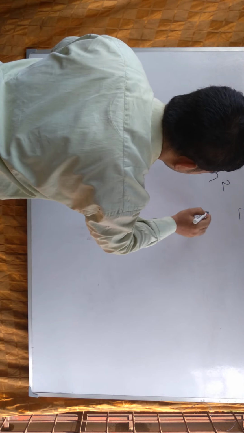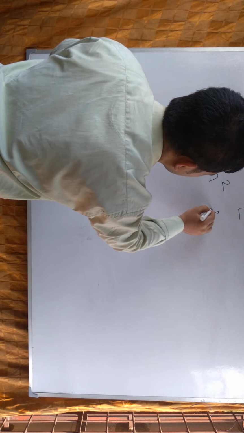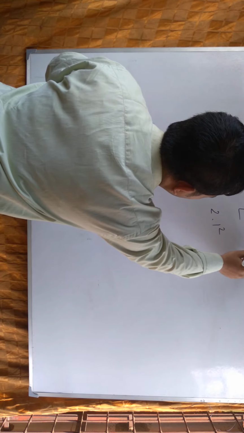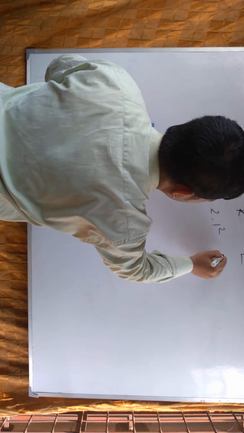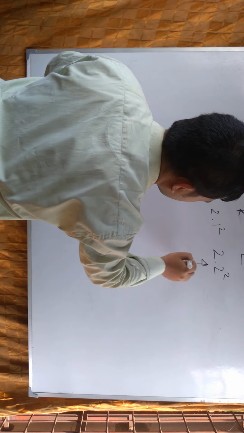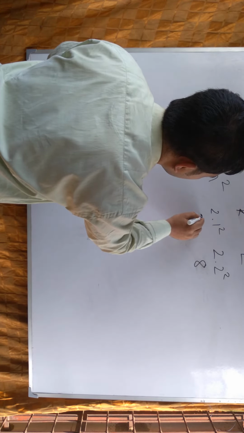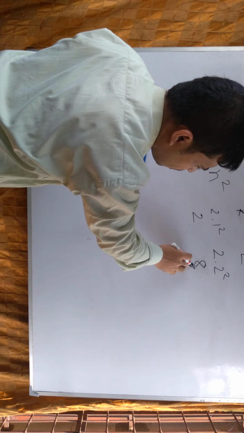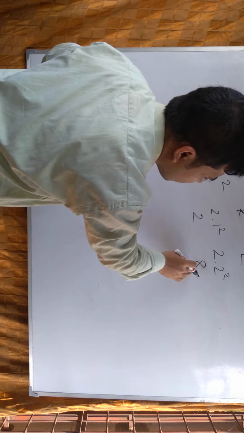For the K shell it is 2 into 1 square, which is 2 electrons. For the L shell it is 2 into 2 square, that means 8 electrons. So the maximum number of electrons in the L shell is 8.